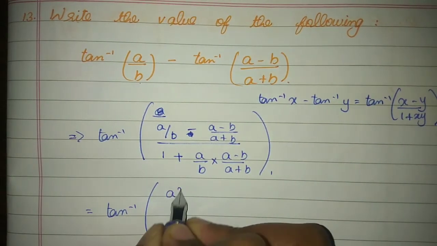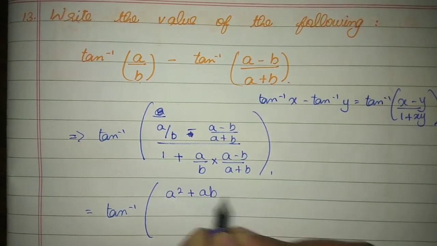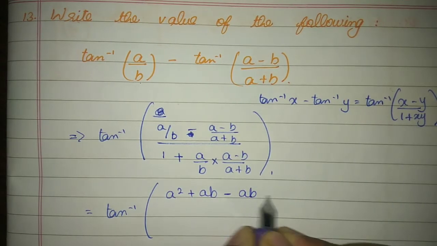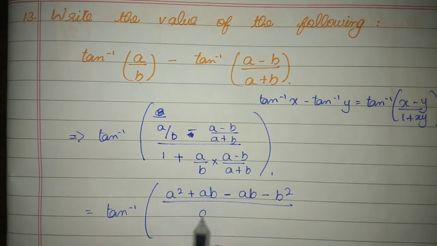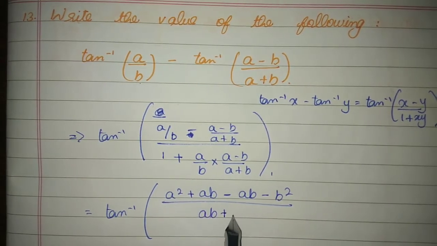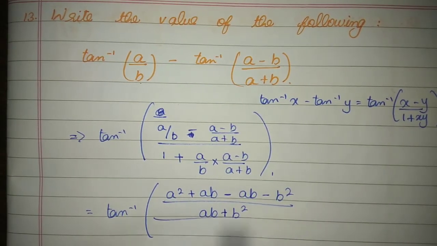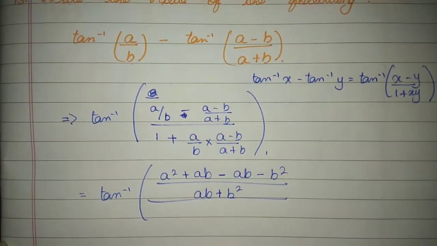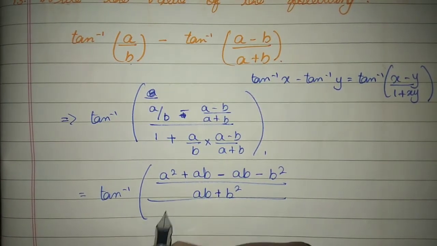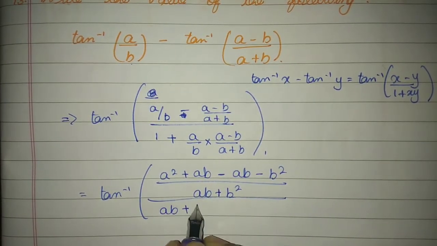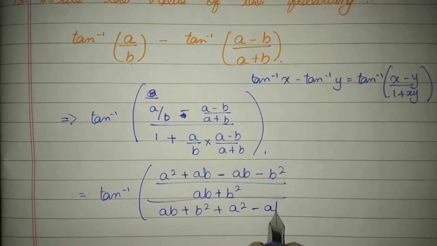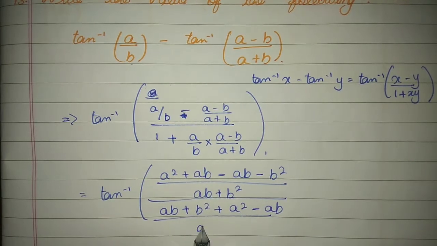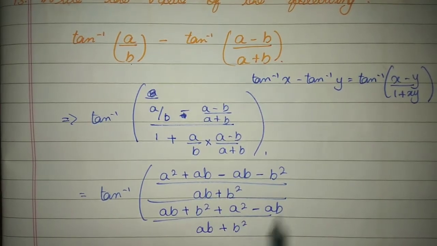So a square plus ab minus ab minus b square divided by ab plus b square divided by ab plus b square plus a square minus ab by ab plus b square.